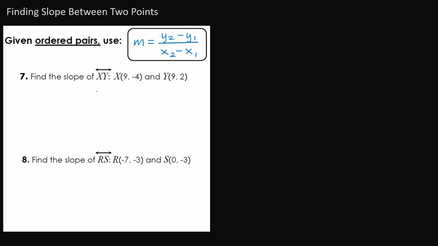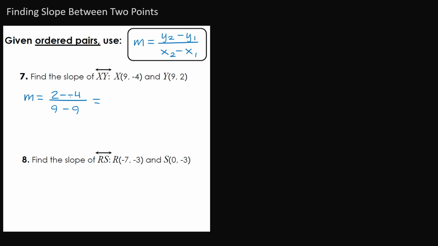So in number 7, we're going to find the slope of line XY, and the points given are X, which is at (9, -4), and Y at (9, 2). To calculate our slope, we're going to take our second y value, which is 2, minus our first y value, so 2 minus -4, divided by our second x value, 9, minus our first x value, which is 9.